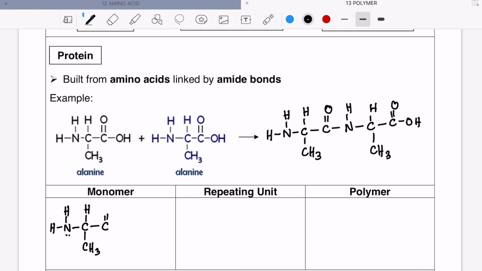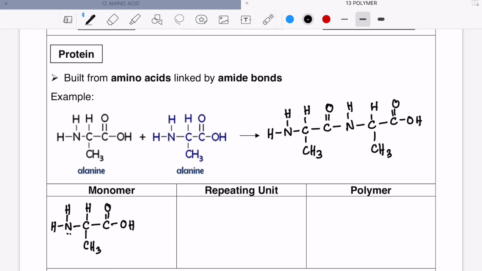So this is the answer. And what will be the repeating unit? Since it is the same monomer, they will usually remove the H and the OH.